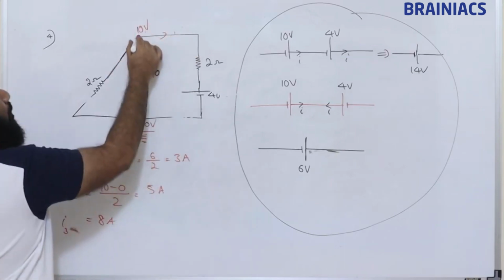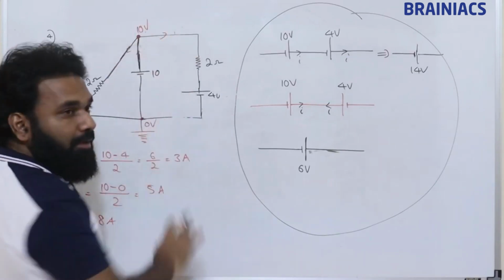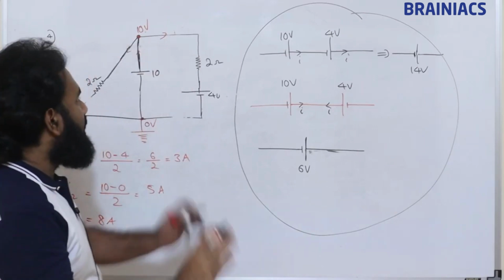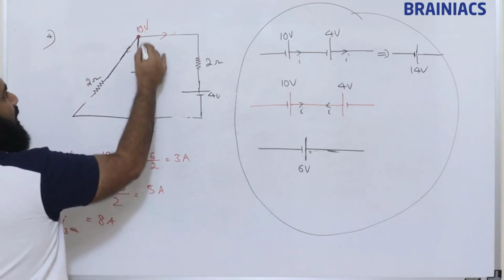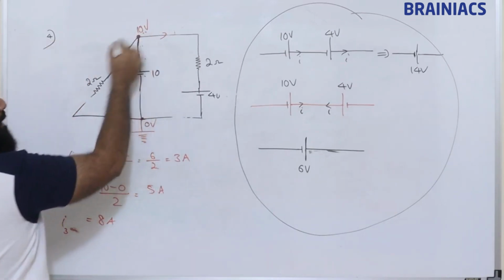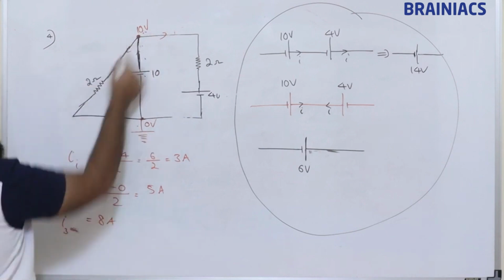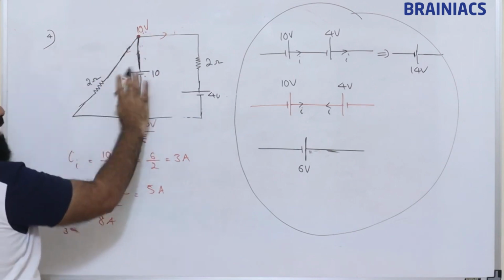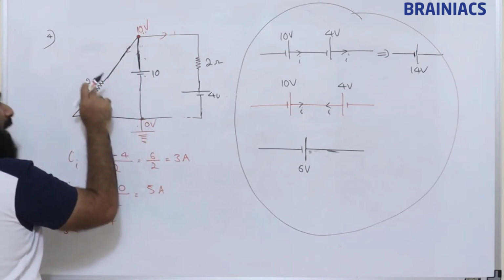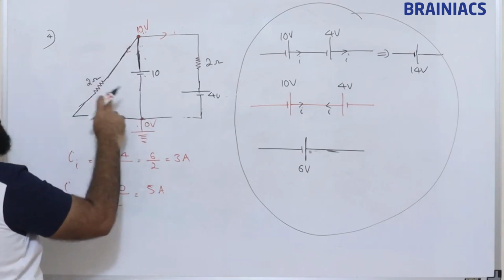No need to solve all this. How you should calculate, I will tell you. 10 minus 0, 10 minus 0 is 10, 10 divided by 2, 5.